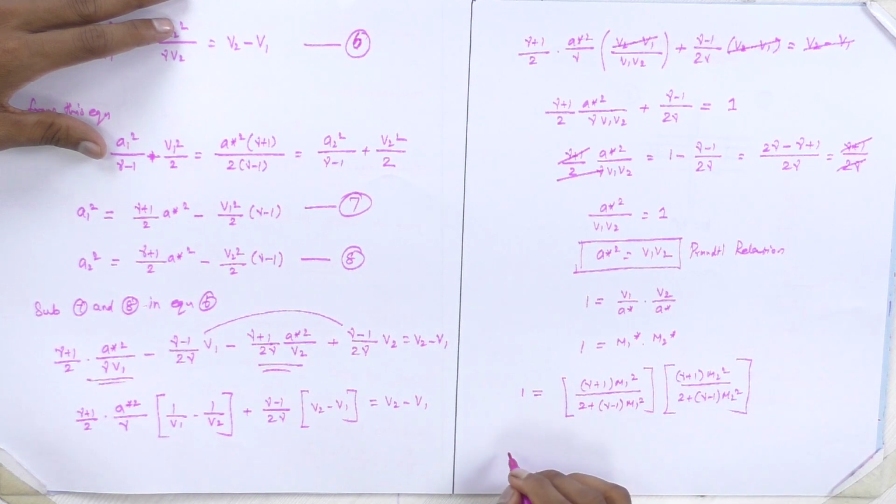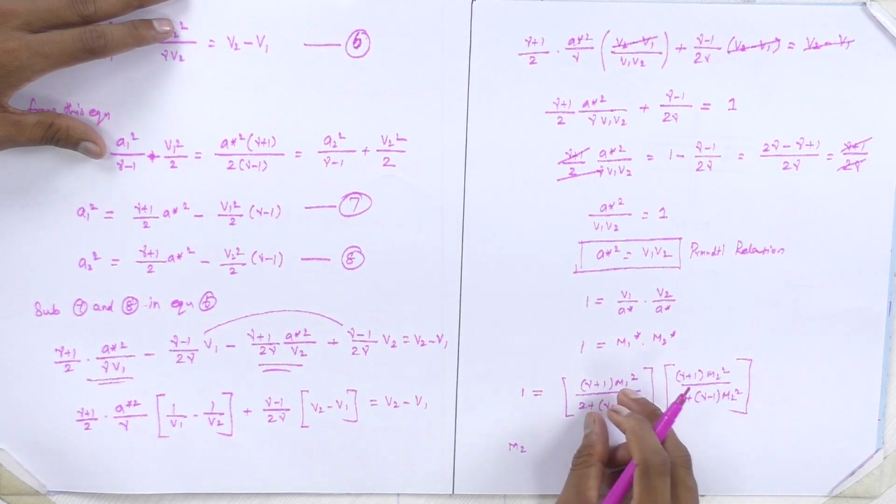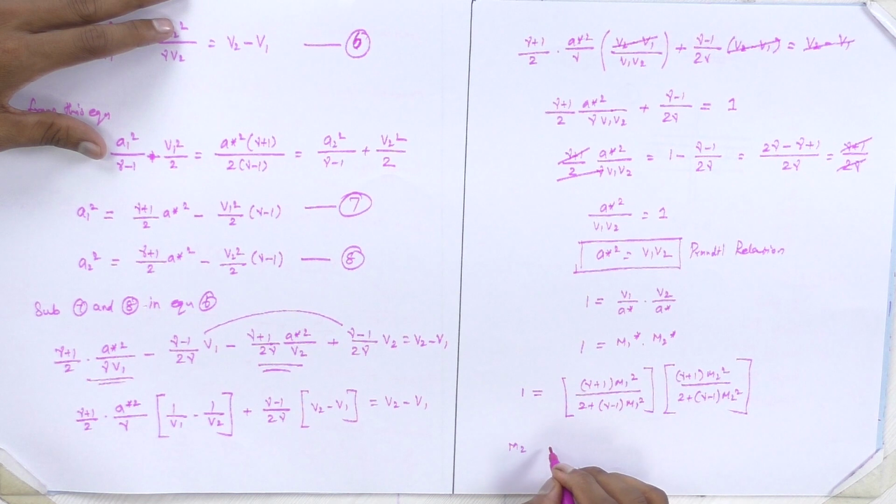Now we can represent m2 as a function of m1. So after the simplification, we will get m2 square as 1 plus (gamma minus 1)/2 into m1 square, divided by gamma m1 square minus (gamma minus 1)/2.